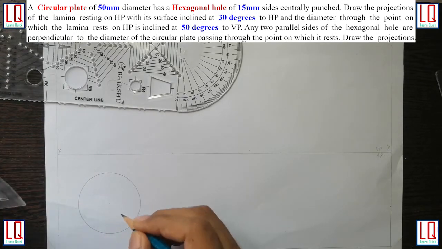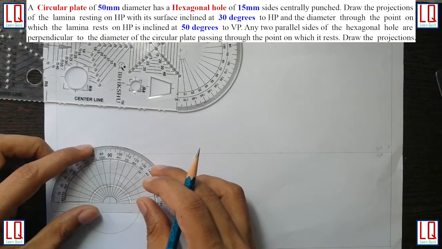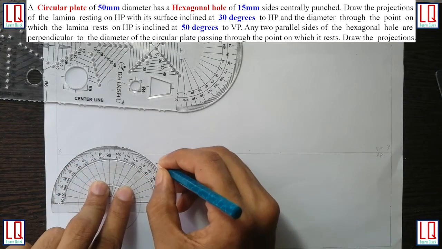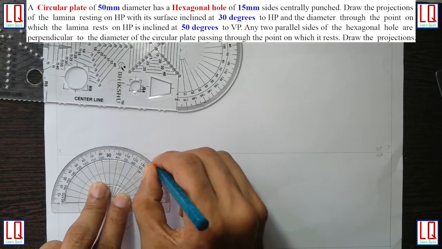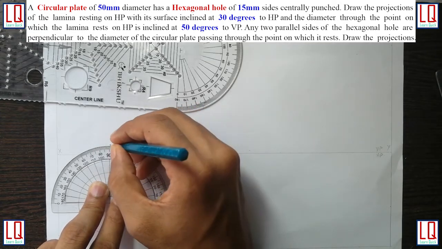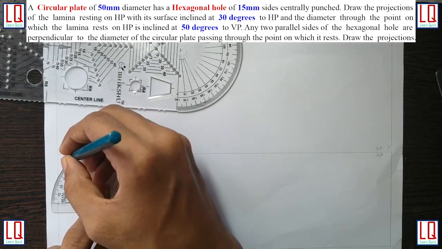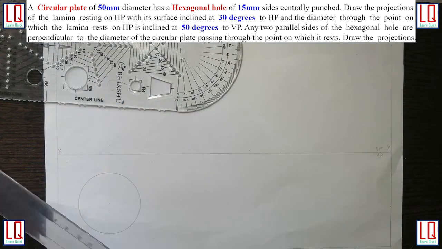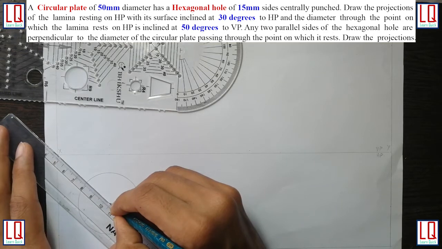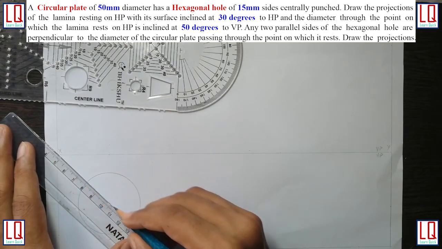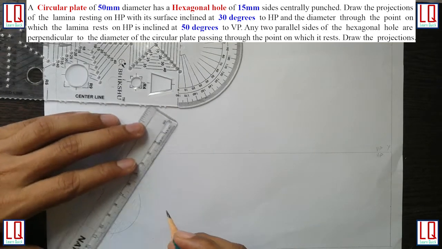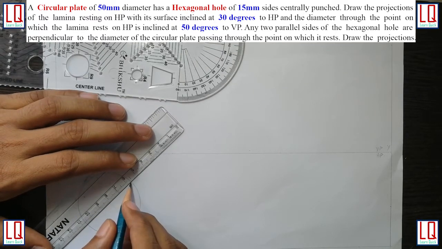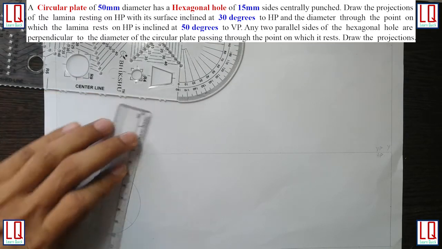Now let's divide this circle into 8 equal parts to create arbitrary points which will make my projection easy. You have to take 45 degree each to create 8 equal parts.